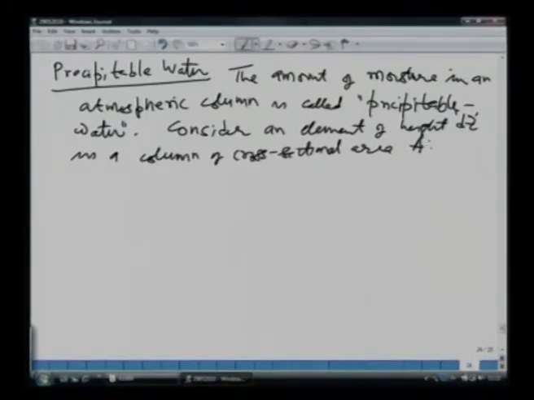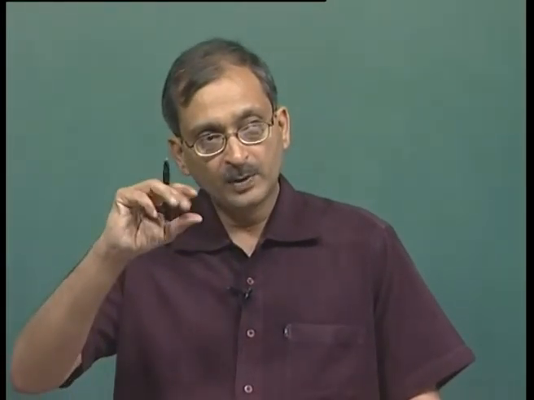It is a cylinder, the cross sectional area is A and its total height is Z2 minus Z1, but we are considering a small strip of height dz. First we will write the amount of water in that strip dz and then we can integrate between the limits Z1 and Z2.